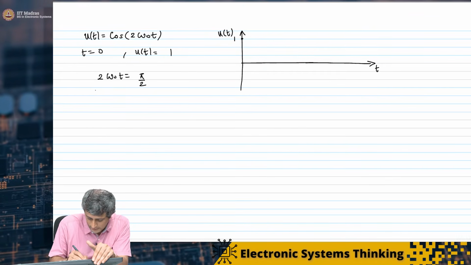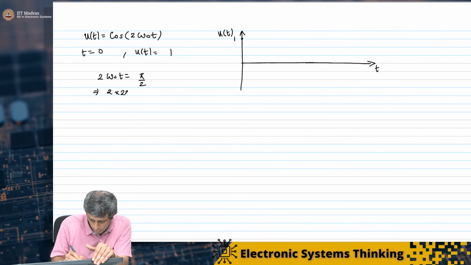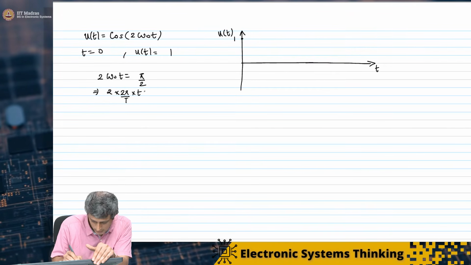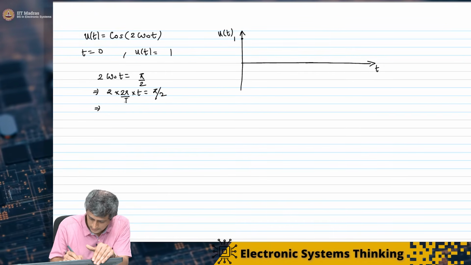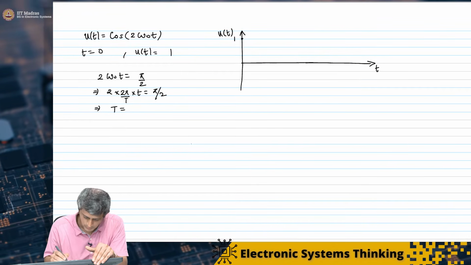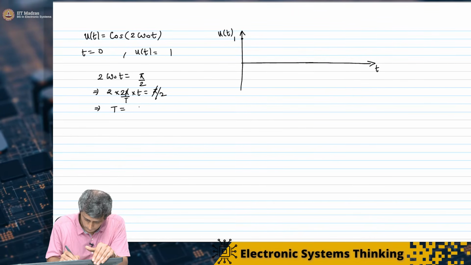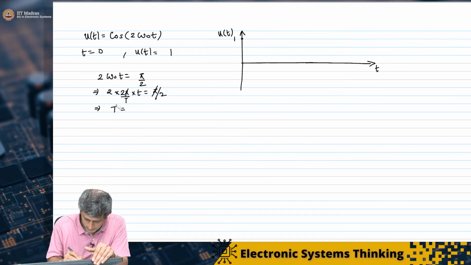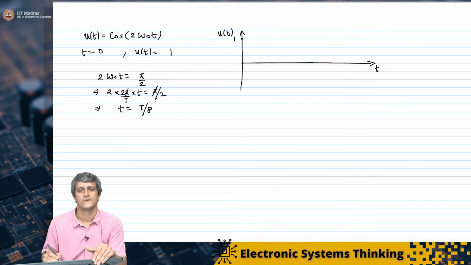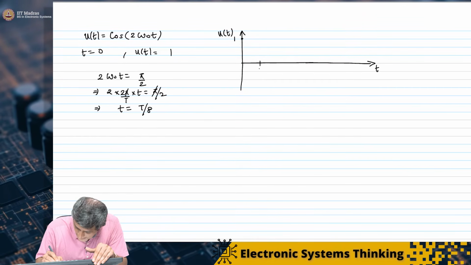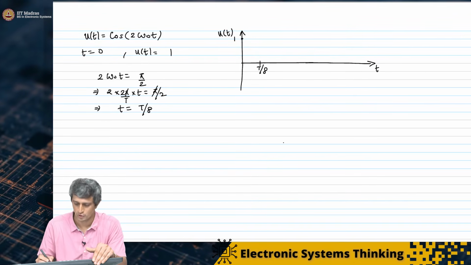Which means 2 into 2 pi by T into t equals pi by 2, which implies t is simply going to be T by 8. So at T by 8, you will see it coming down to 0.